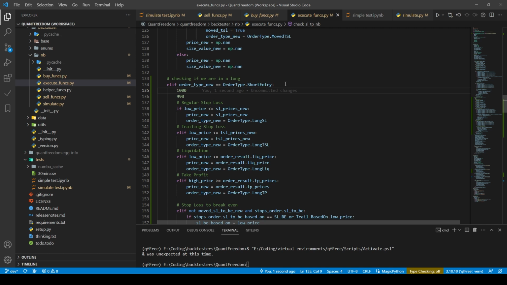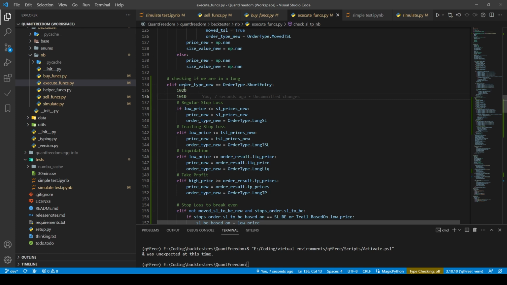Or no, wait, it has to be the high, yeah, because we're going up for the stop loss. So if the high price is this, and our stop loss is 1010, then that means we did not hit it. If our high price is greater than or equal to our stop loss price, then we get stopped out.